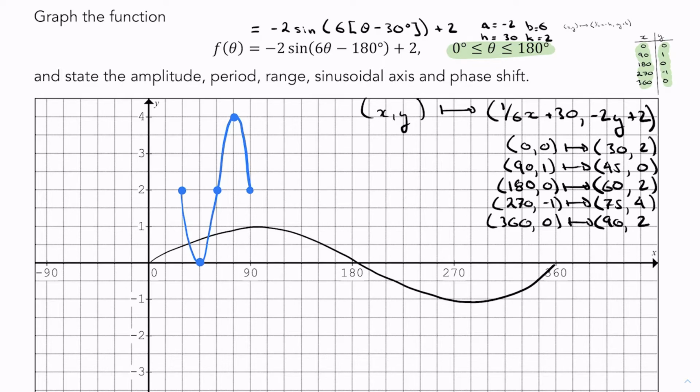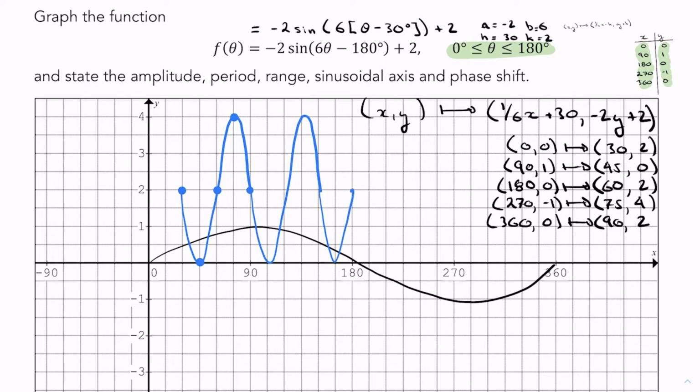And remember, we are sketching this over the interval from 0 to 180. So I'm going to take this, copy it, paste it, and repeat it here. And I'm going to repeat it again, even though I'm not going to use this entire part. There we go. Actually, you know what? Instead of doing that, I will just continue my line.